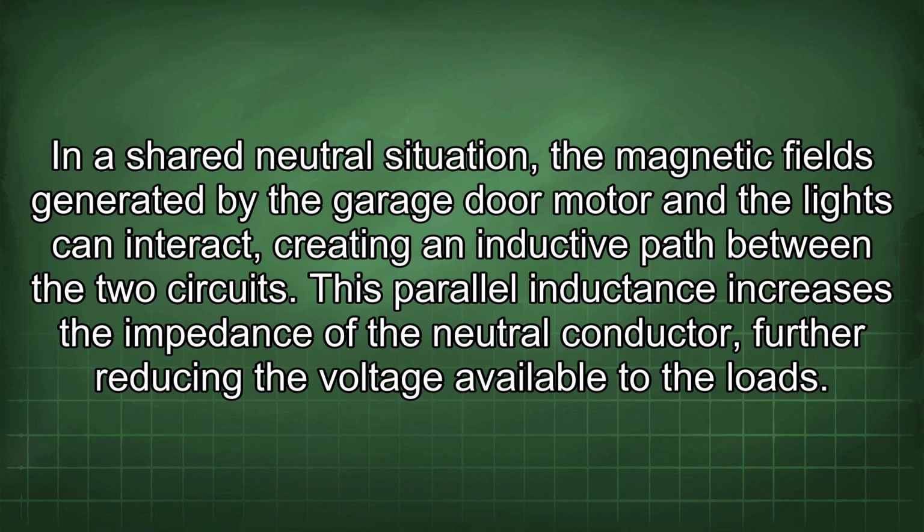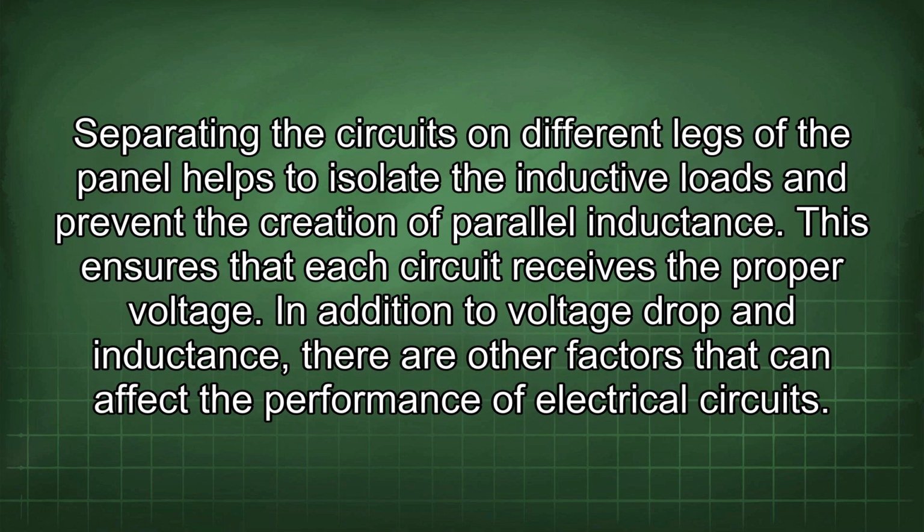This parallel inductance increases the impedance of the neutral conductor, further reducing the voltage available to the loads. Separating the circuits on different legs of the panel helps to isolate the inductive loads and prevent the creation of parallel inductance. This ensures that each circuit receives the proper voltage.